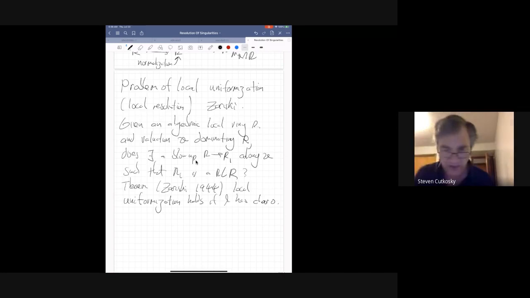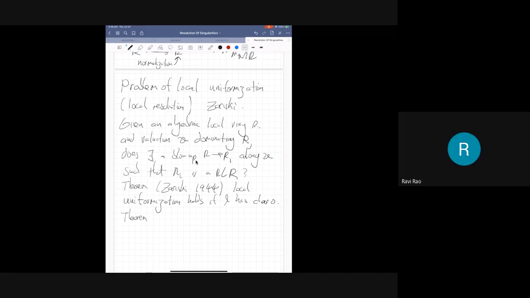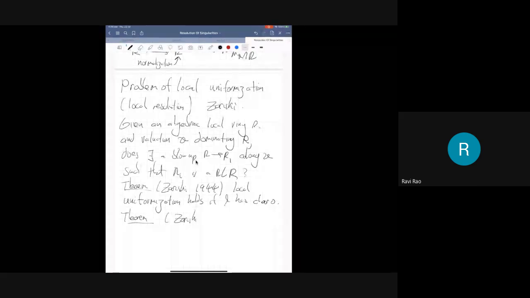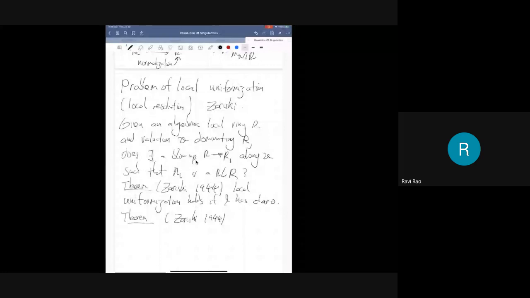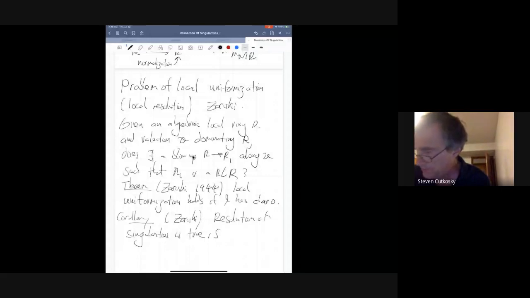Using this, he was able to prove as a corollary that resolution of singularities is true for algebraic varieties of dimension less than or equal to 3 in characteristic 0.